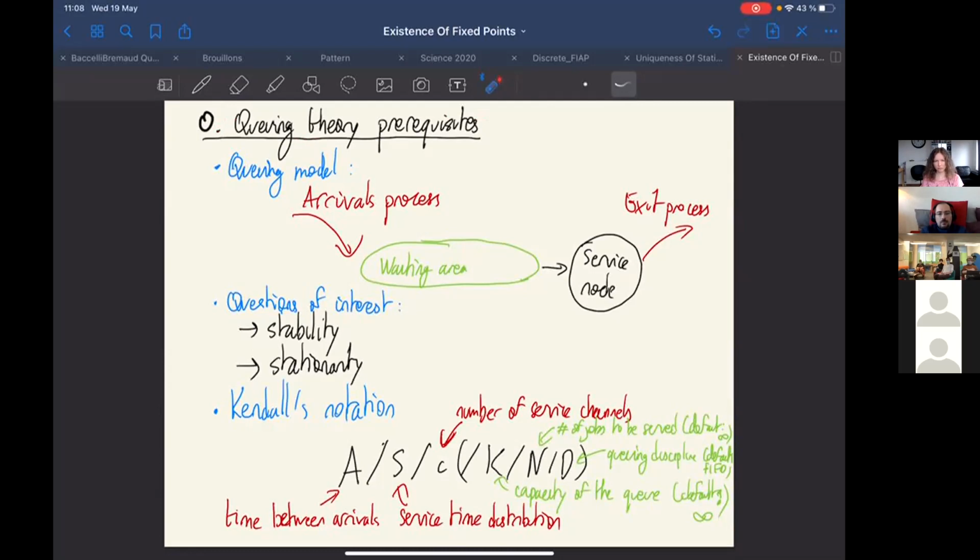And finally, the queuing discipline. By default, it's first in, first out: the first person to arrive at the node will be the first person to be serviced, and the last person will be serviced last, if there's a last person. So this is the queuing discipline, the order in which the customers are served.